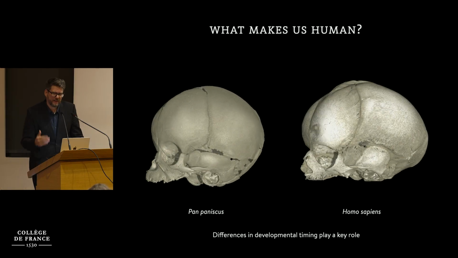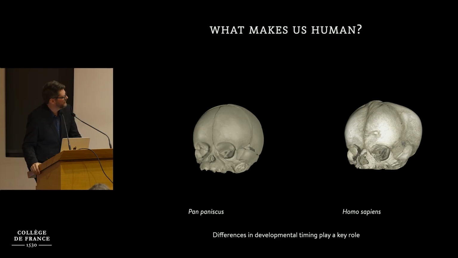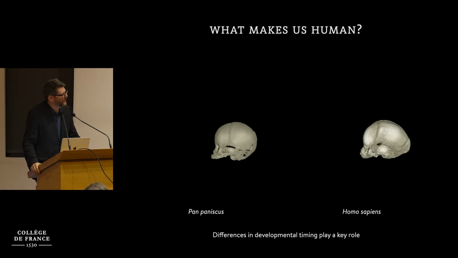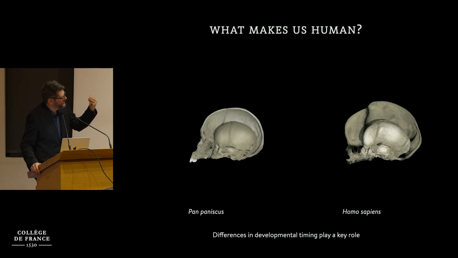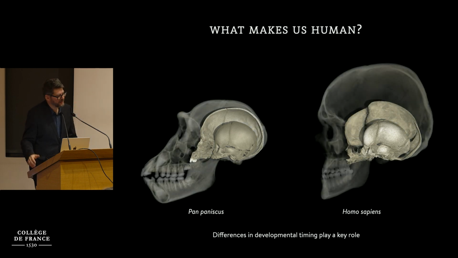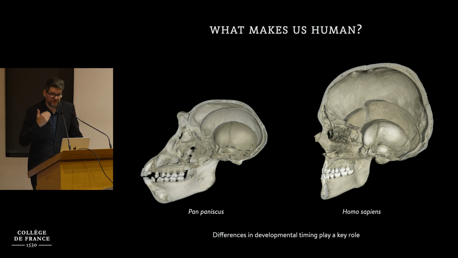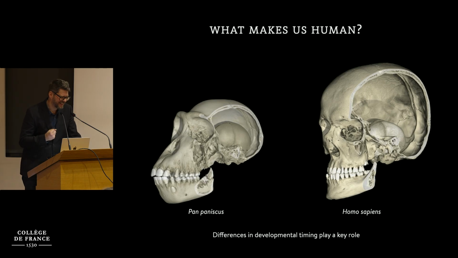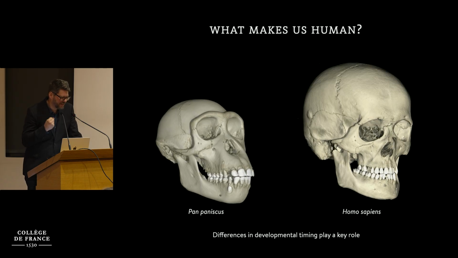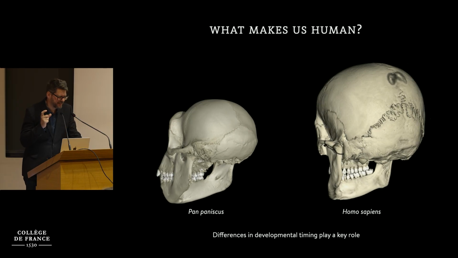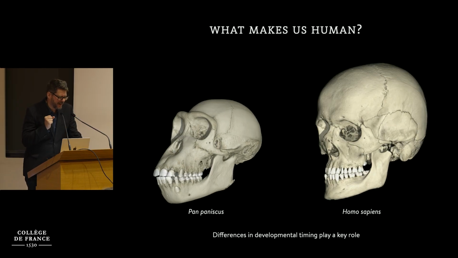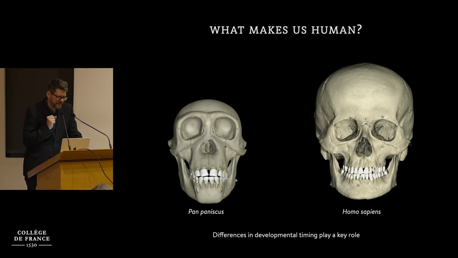As they keep growing and developing, you can see in this rendering how the pronounced differences that you see between the adults emerge in the course of development. And basically, the core differences between these closely related species, and this is why I'm here today, are in the developmental timing, and they're mediated by differences in gene expression.